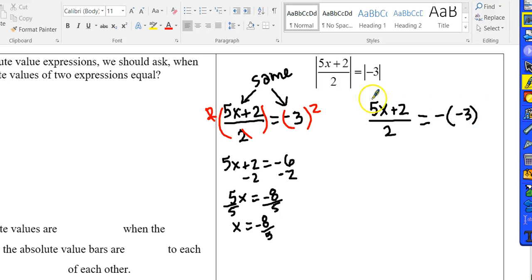So I kept this one the same, and I'm making this one the opposite.